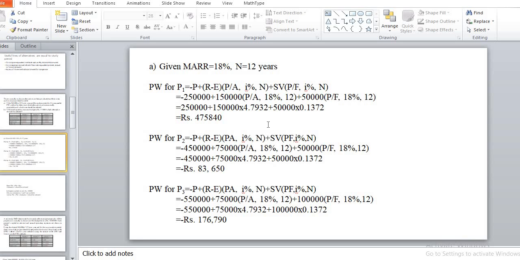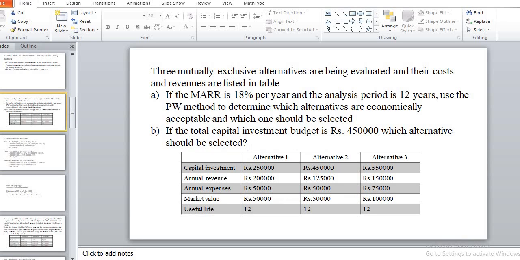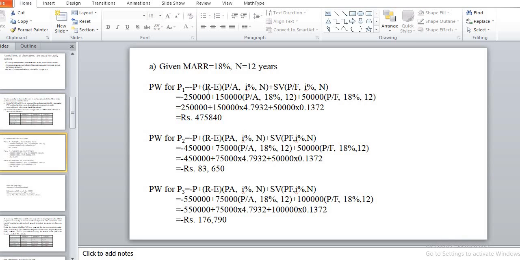Here n is the lifespan. So we put in all the values for project 1. The investment for this project is 2,50,000.